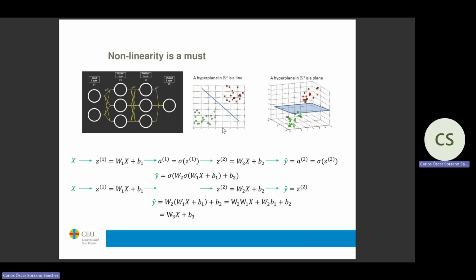You have an input, then you go through the first layer of weights, then you add the bias, and this is our linear combination that we will call z1. z because of the linear combination, and 1 because it is in the first layer. And then you go through the non-linear function, and then you have the activation of layer 1.